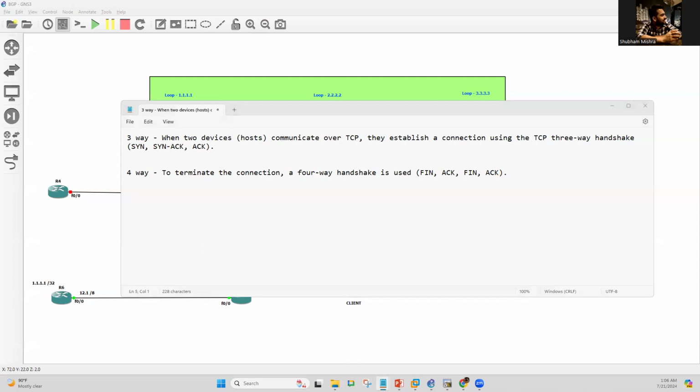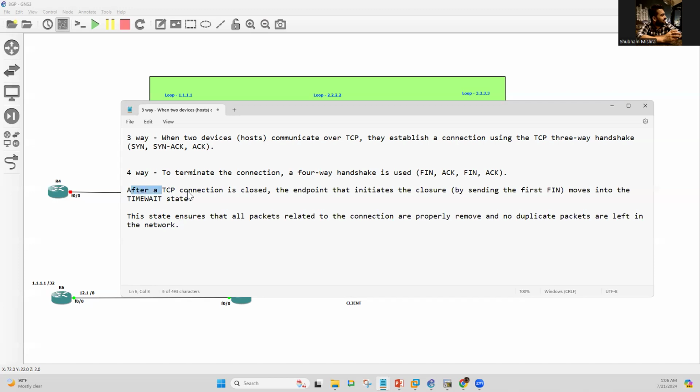Now there is one more point. Please read this point, everyone. After a TCP connection is closed, let's suppose this is R1 and this is R2. Let's suppose R1 wants to terminate or close the TCP session.